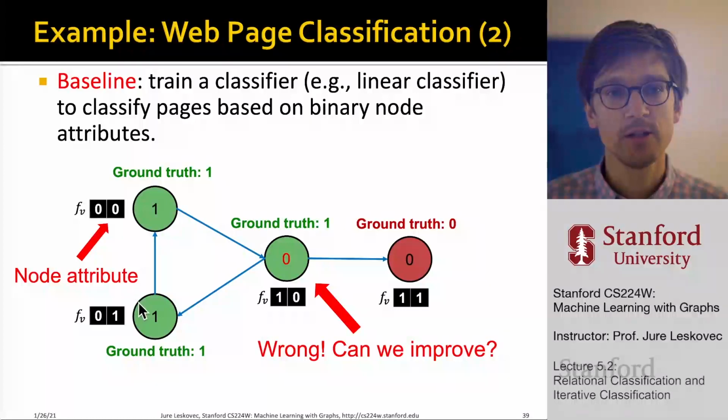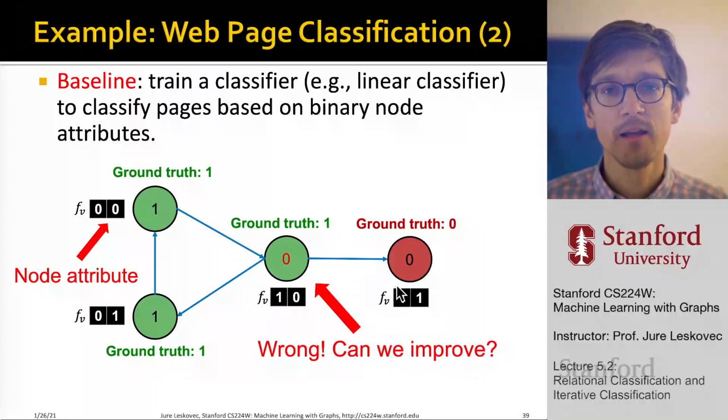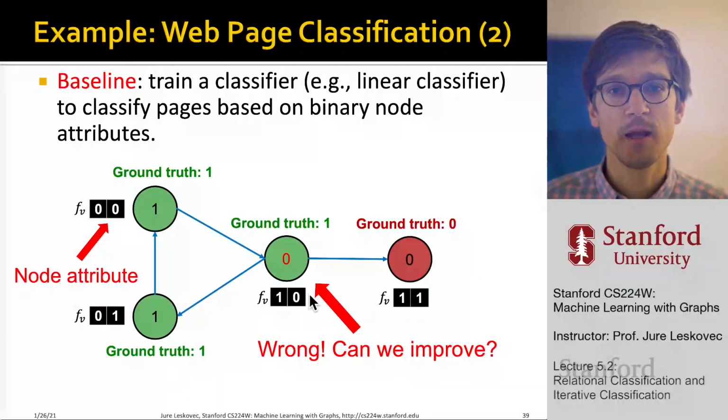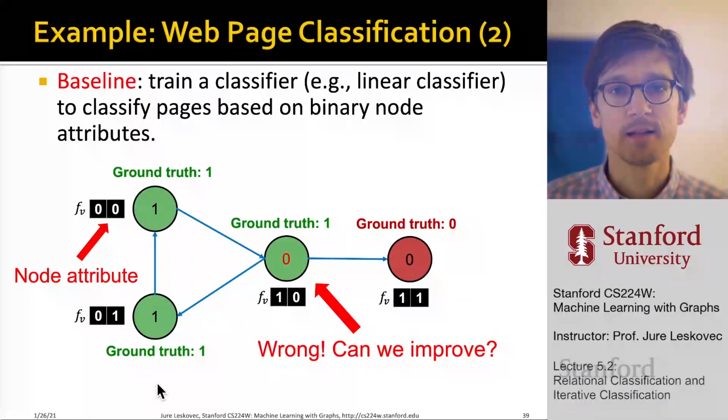And then we have these two other pages. Here are their corresponding feature vectors. Here the classifier would predict that they are both green, while here the classifier would predict that these two should be red. And perhaps one way to think of this is that if the first feature is set to 1, you are red, and if it's set to 0, you are green. That would be one way to think of what the classifier is learning.